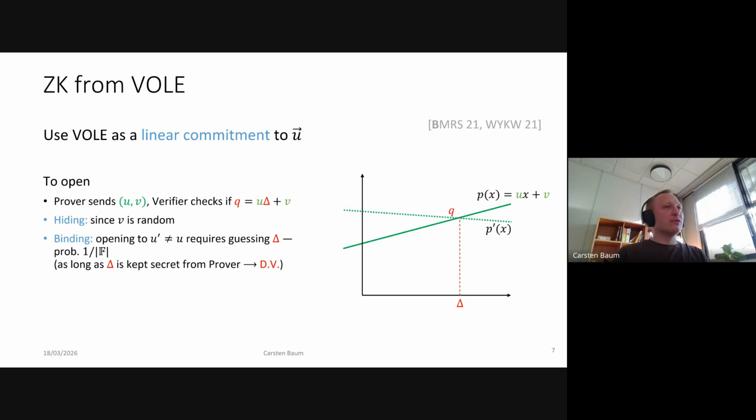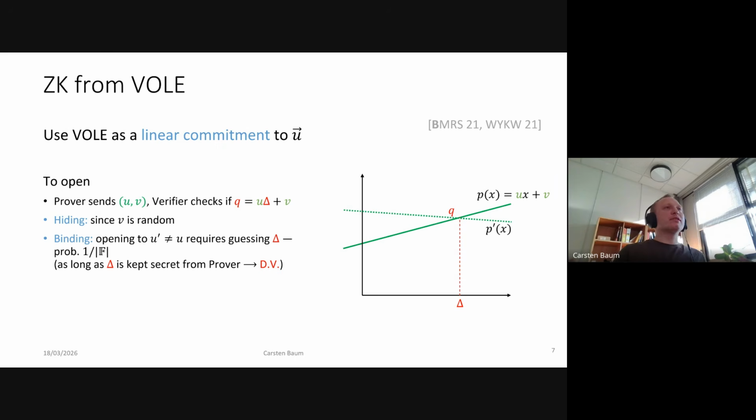So if you, as the prover, don't know delta and you change your opinion about U, you're very likely getting caught by the verifier, except with probability 1 divided by the field size, which means that this is actually a commitment.